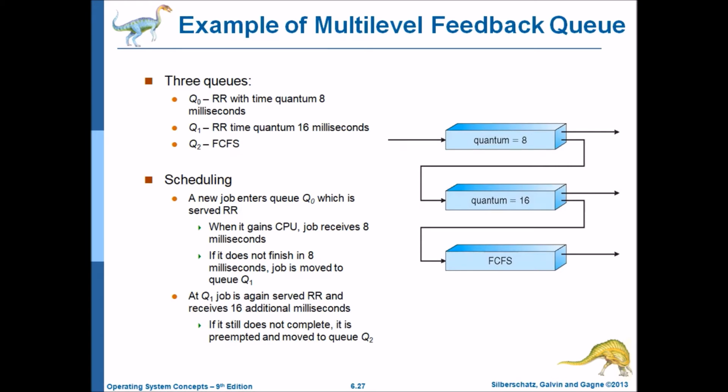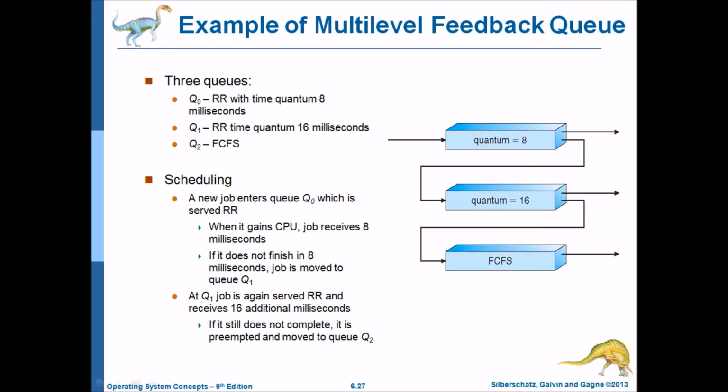At Q1, the job is again served round robin, receiving an additional 16 milliseconds. If after executing it still does not complete, it is preempted and then moved to Q2, which is implemented in first come first serve.